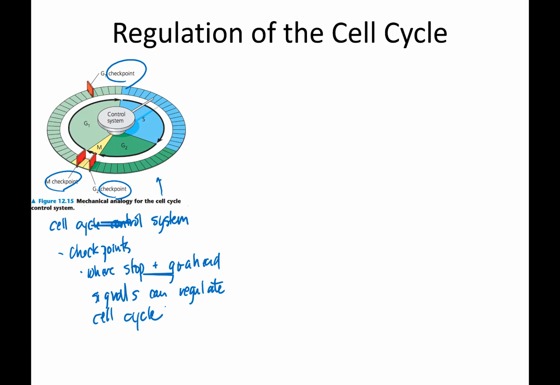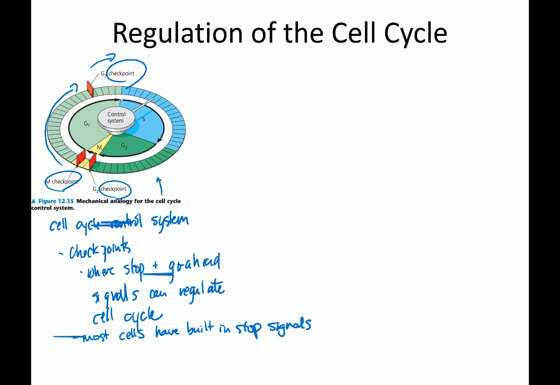And most cells have built-in stop signals. That's because you want cells to naturally stop and only proceed if things are okay, if everything that needed to be done was done.